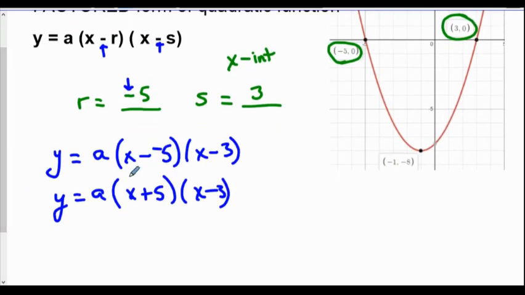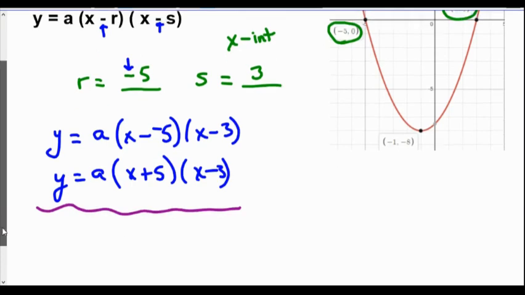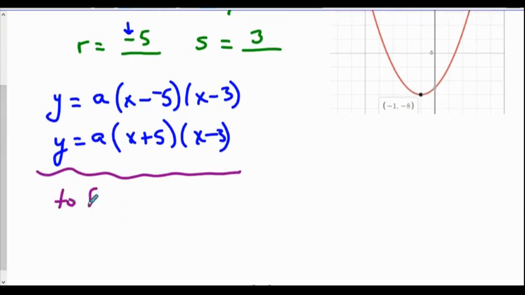Okay, now we do the exact same thing that we did in our previous problem: we need to know the A value. To find A, use any point on the graph, except for the two that we already used. We already used the roots, or the x-intercepts, or the zeros, whatever you want to call them. To find A, use any other point.